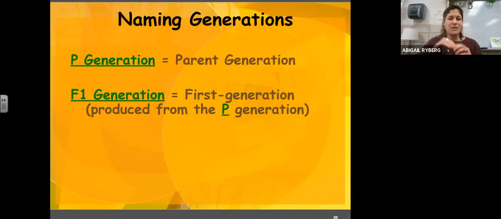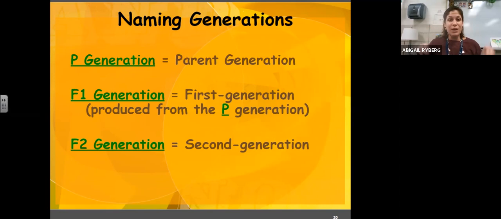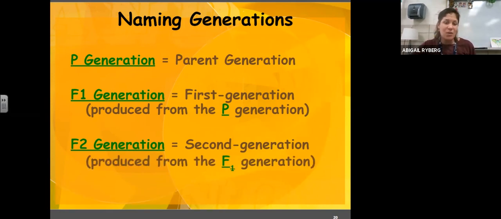F1 stands for the first generation, and it was produced from the P generation mating together, right? Then we take the F1 generation and breed them together and end up with the F2 generation, or the second generation. So we have the P, the F1, and the F2 generations.